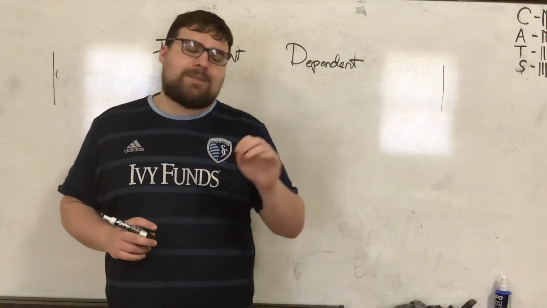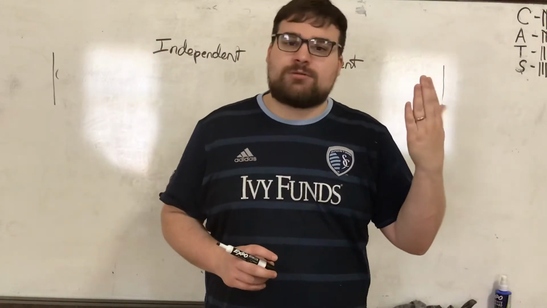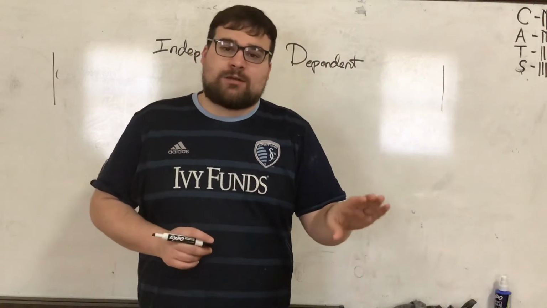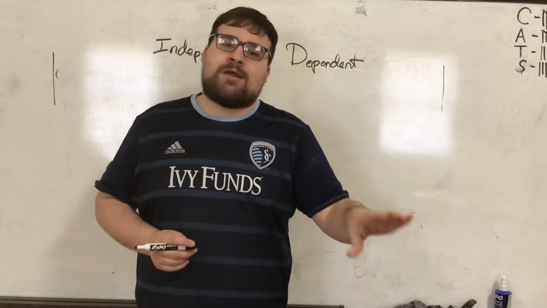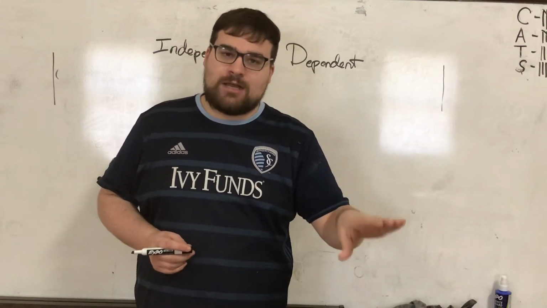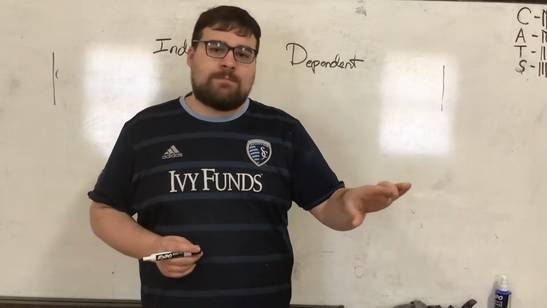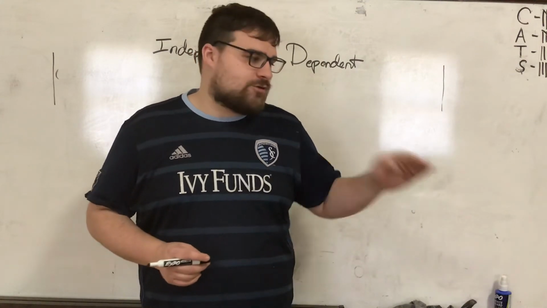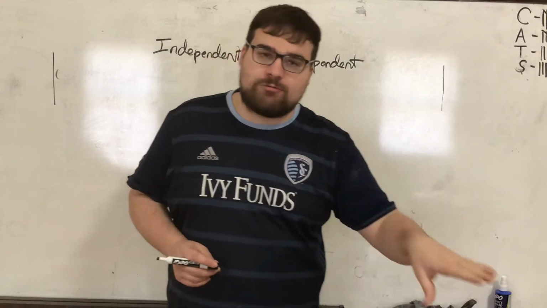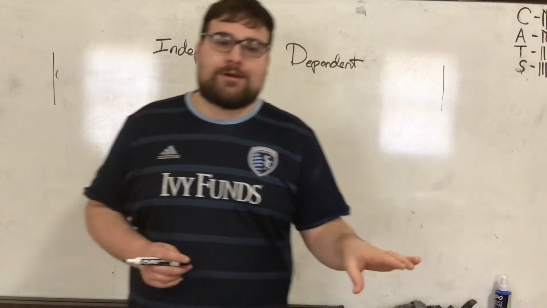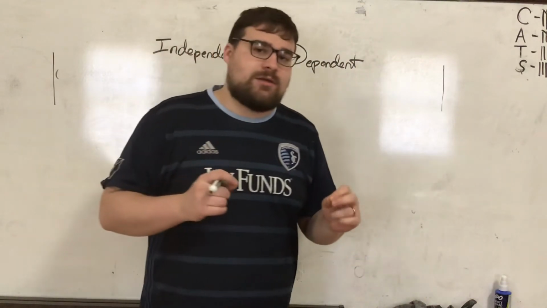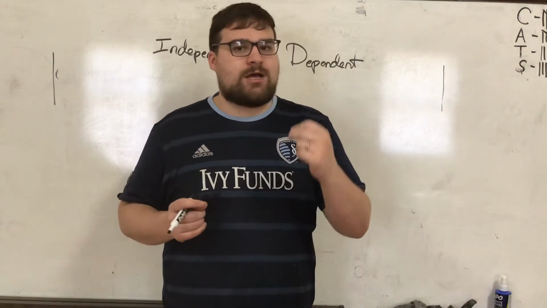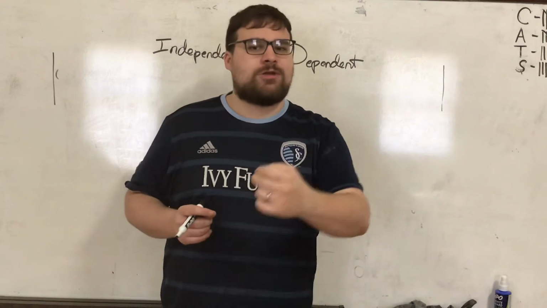Because by drawing that first ace out and putting it off to the side, you're now changing the probability of drawing another ace from the deck, right? Because it went from 4 aces out of 52 cards. After you draw that first one, now there's only 3 left out of 51. So those are dependent.